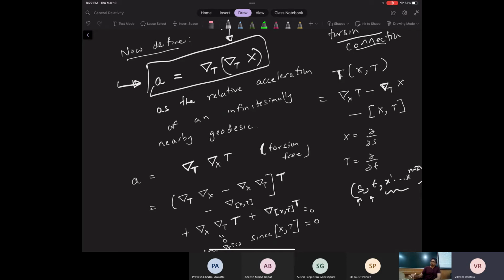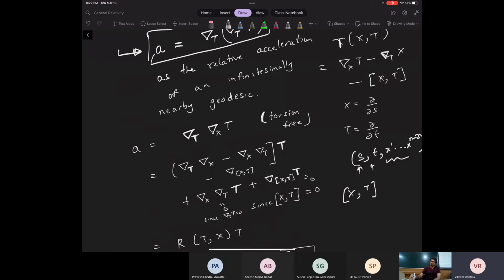Okay, so roughly speaking now, these are coordinate basis vectors where I'm holding here t, x1 through x(n-2) constant, and here I'm holding s, x1 through x(n-2) constant. So what is this going to be? What is the Lie bracket of x, t? If you remember what this was, this is x acting on t minus t acting on x.